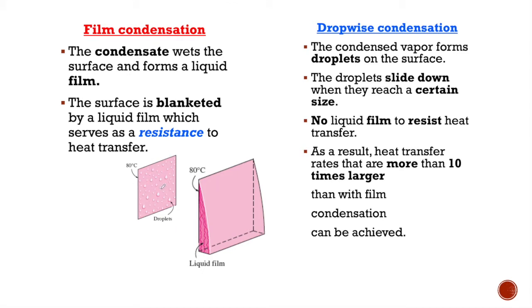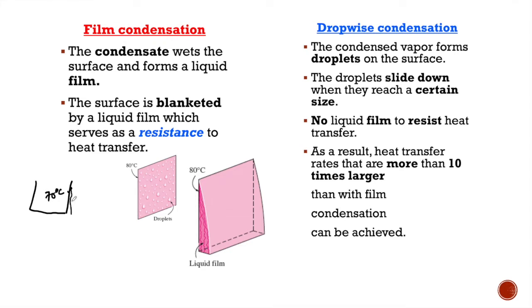As this liquid film forms on the solid surface, it creates another resistance to heat transfer. Let's say you have a cup of cold water, and the water vapor outside will condense on the surface of this cup and form a layer of fluid.